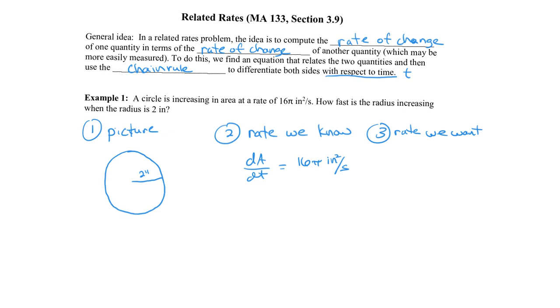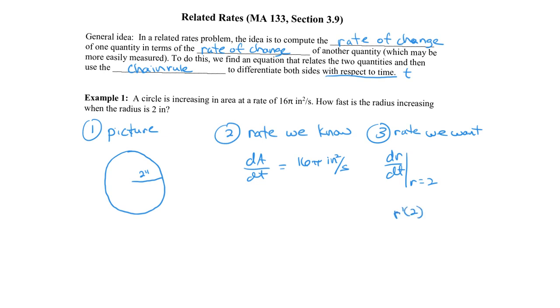So we can write this, again with Leibniz notation, as dr/dt. This is the rate of change of the radius with respect to time. And then it says when the radius is 2. So the way we do this with Leibniz notation, we draw this line and we say r equals 2. Whereas with a different notation, maybe we'd say r prime of 2.